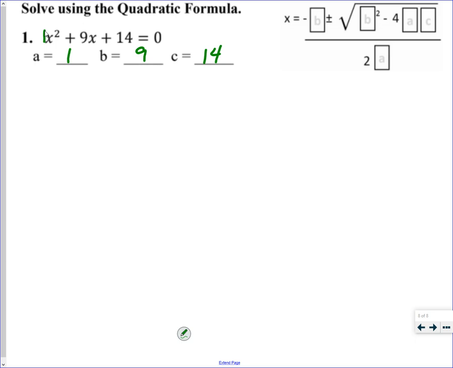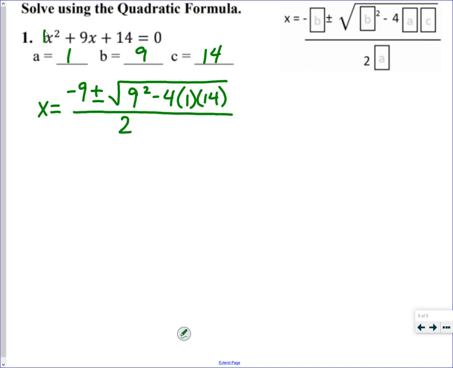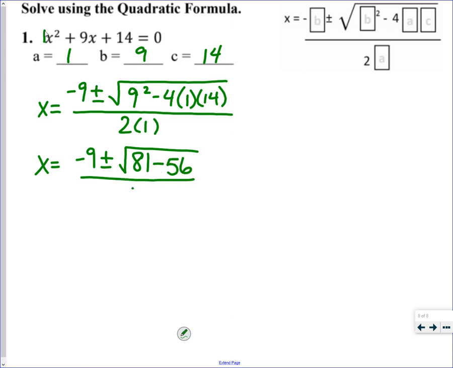I'm going to do it over here on the left side of the screen instead of right underneath that, but x equals the opposite of b will be a negative 9, plus or minus the square root of 9 squared minus 4 times 1 times 14, all over 2 times 1. 9 squared is 81, minus 4 times 14 is going to be 56. And 2 times 1 is 2. 81 minus 56 is 25.